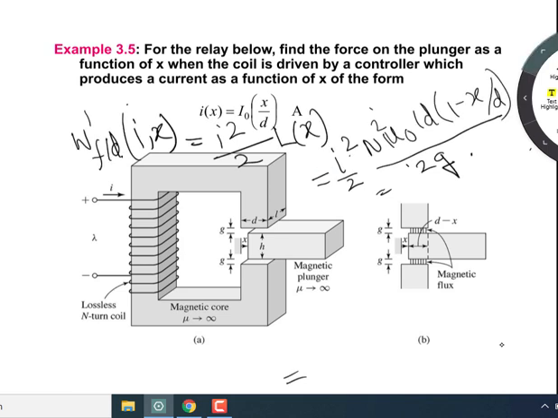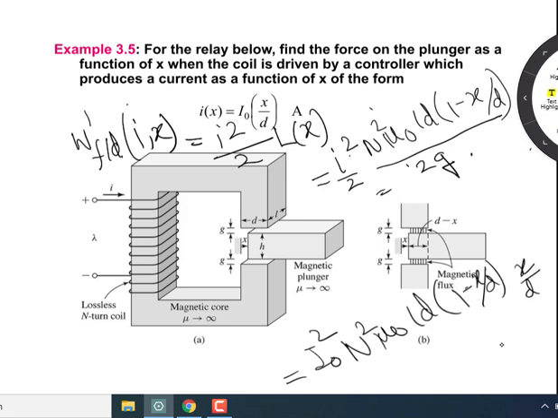There is no minus in co-energy, then it will become I naught squared N squared mu 0 L D (1 minus x by d) whole squared, into 4g, right?